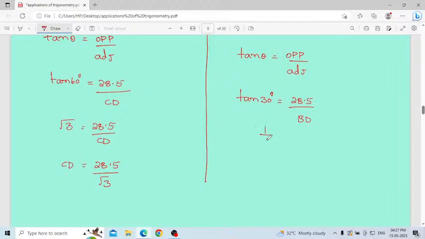You know the value of tan 30 is 1 by root 3, so 1 by root 3 equals 28.5 divided by BD. Then the BD value is, cross multiplying, 28.5 root 3 meters.